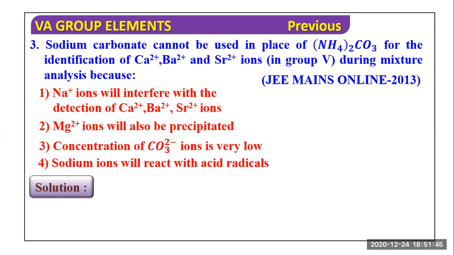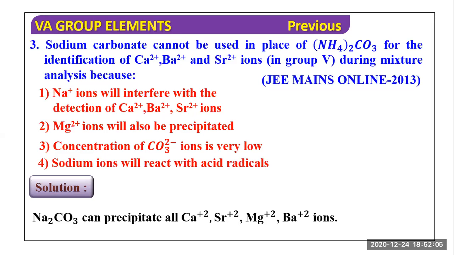So sodium carbonate cannot be used in the place of ammonium carbonate for the identification of these, because sodium carbonate can precipitate all the ions, that means calcium 2+, strontium 2+, magnesium 2+, barium 2+. Option 2, Mg2+ ions will also be precipitated. This is the correct answer.